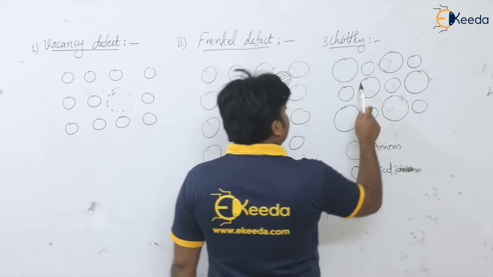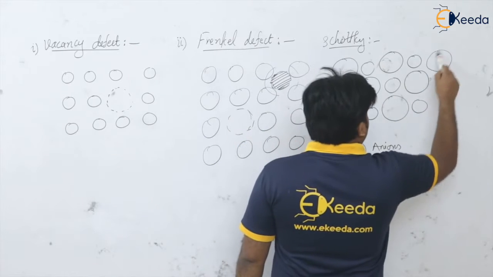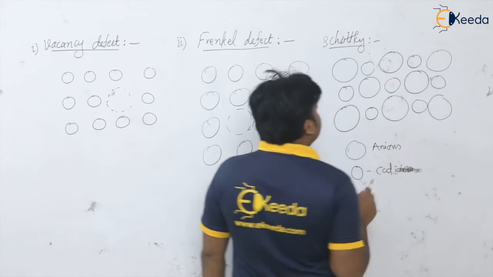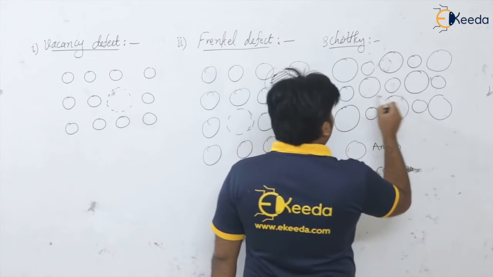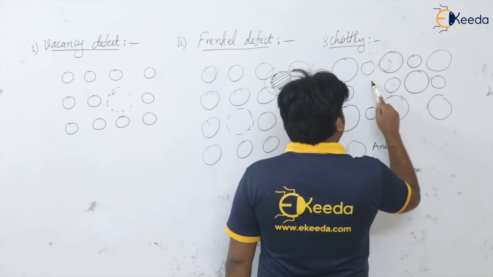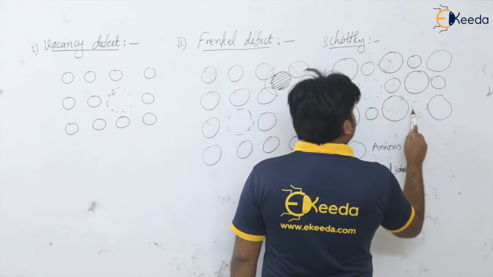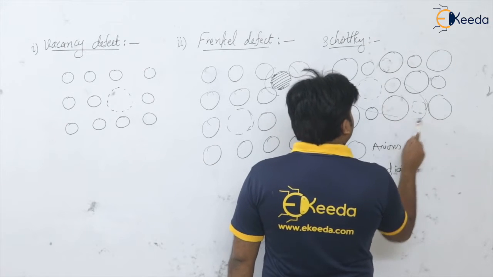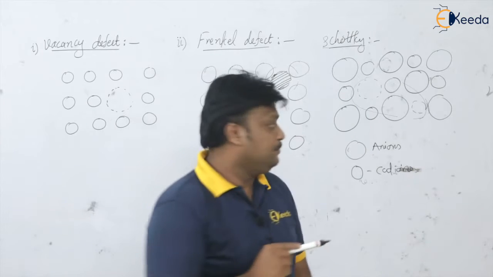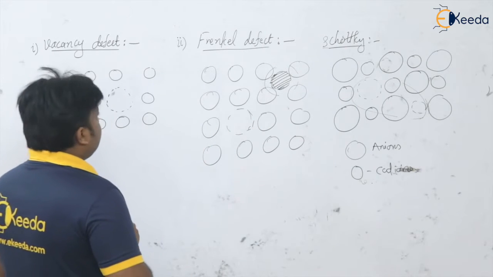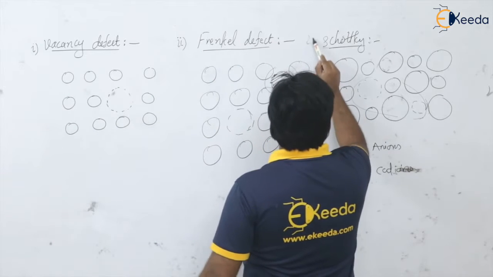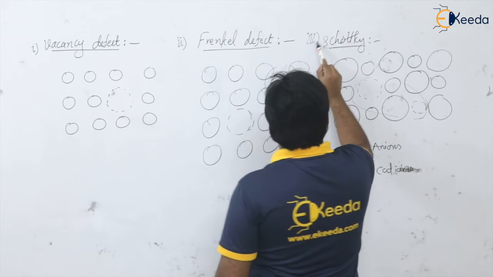Whenever the pair of anion and cation together is missing, suppose from here this anion and from here this cation is missing, then this defect is known as the Schottky defect. So these Frenkel and Schottky defects we are getting in ionic materials.